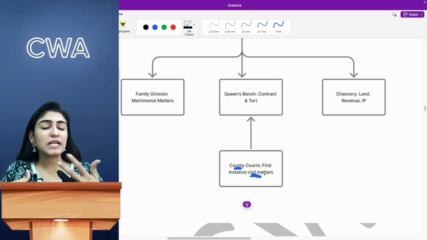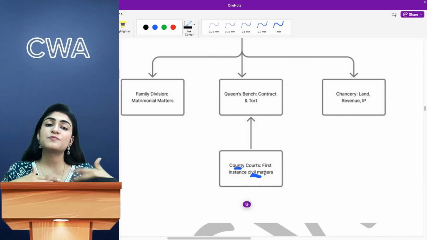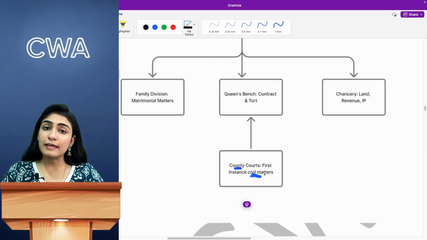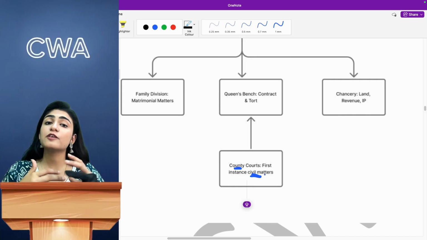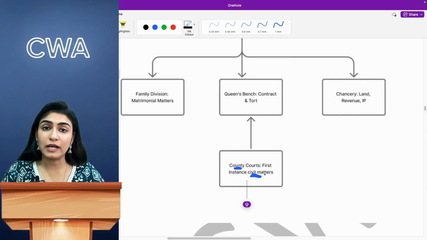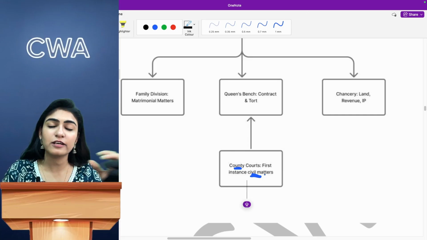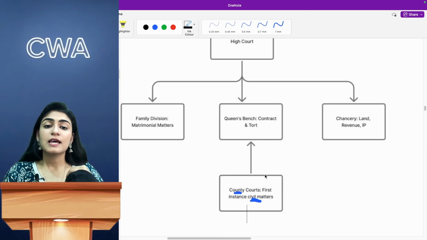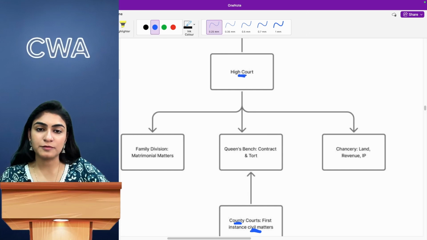The case is discussed there, and the judgment is passed by the judge. If both the parties are satisfied, great. If any one party or both the parties think that this is not the right or justified judgment for them, they have the option of going to High Court.